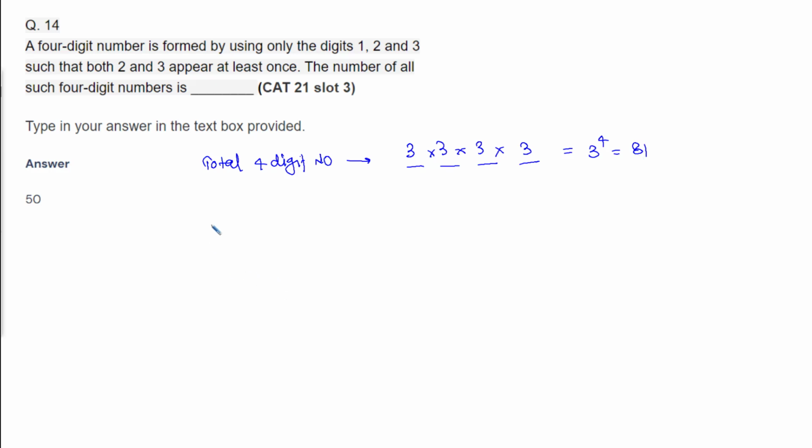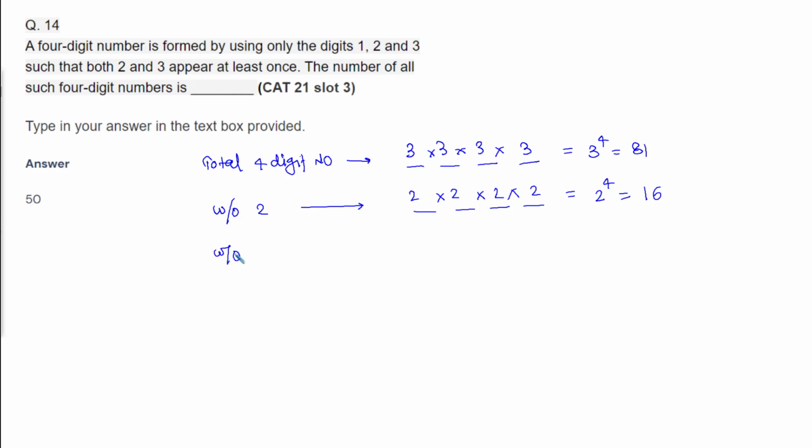Out of these 81, how many are without 2? Without 2 means we cannot use 2, we can use only 1 and 3. So for every place we have two choices, 1 and 3. Likewise you can form 2 to the power 4, 16 4-digit numbers.